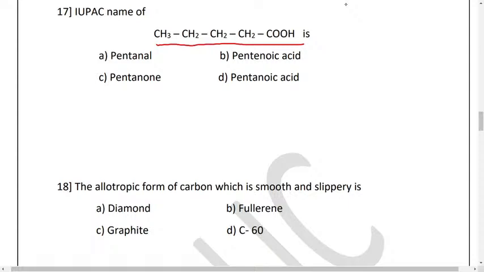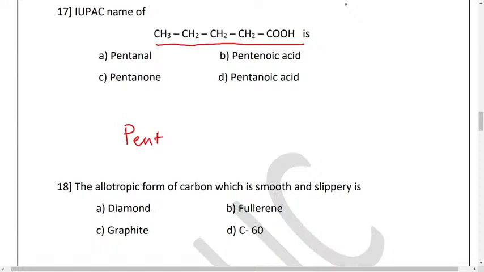Therefore, we have to start from the root word. How many carbons are there in this parent chain? You can count, isn't it? Totally 5 carbons are there. That is the root word we have to write here, dear students, pent. And if you check the type of bonding between the carbon atoms, you can see here a carbon to carbon single bond is there.